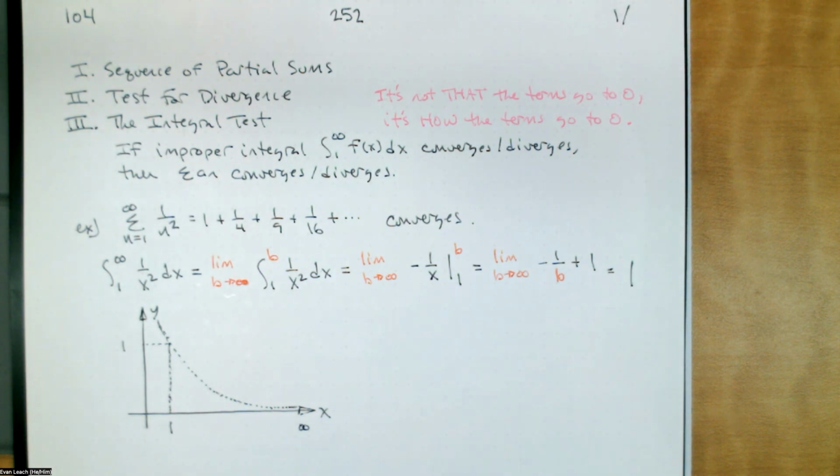What we're going to notice is that the series 1 over n squared is the right endpoint approximation of the area under this curve with a delta x of 1.